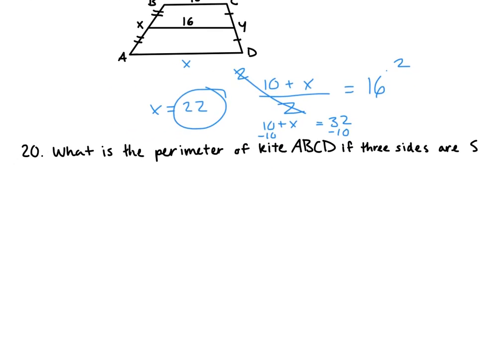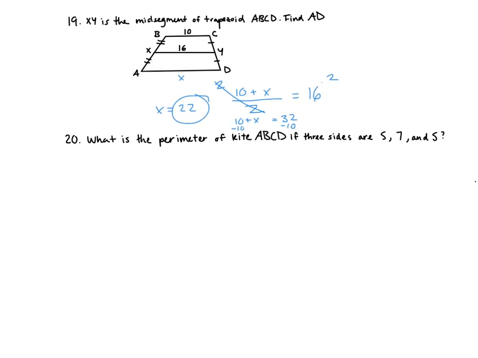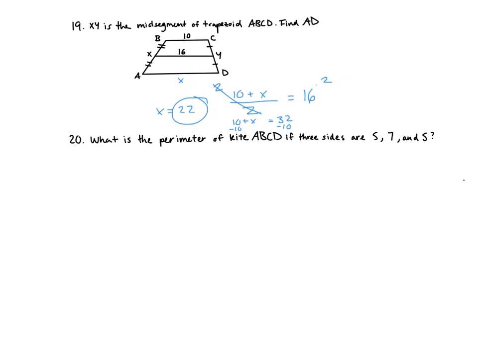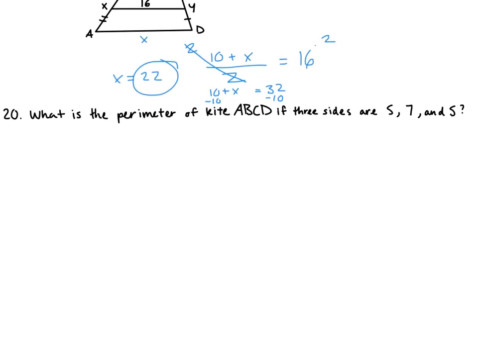Okay, last question. What's the perimeter of kite ABCD if 3 sides are 5, 7, and 5? If we have a kite, we know that these 2 sides are going to be equal and these 2 are going to be equal. So let's say this one's 5 and this one's 5 and this one's 7.